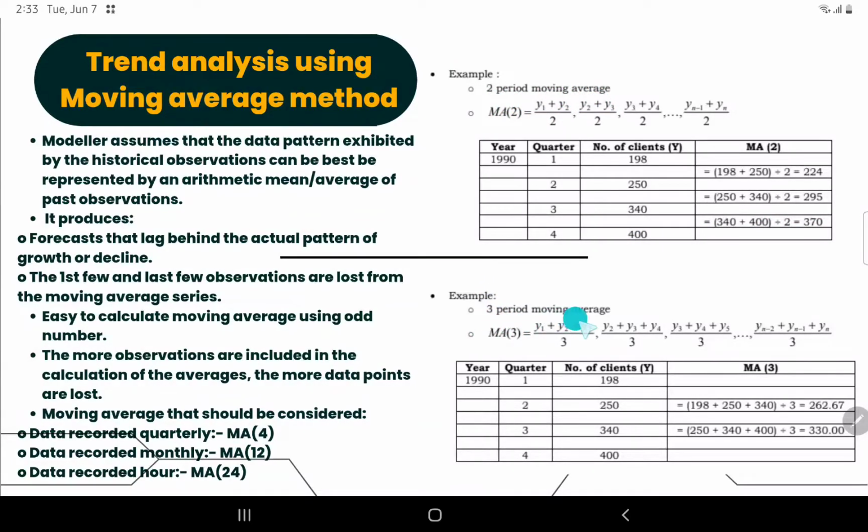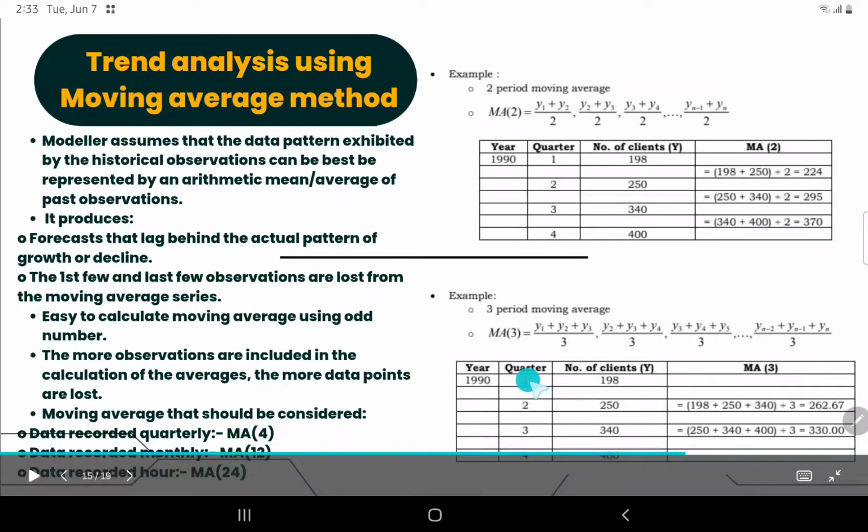Meanwhile, for 3 period moving average, we need to choose 3 items. The first one is quarter 1 to 3, which the data is 198 plus 250 plus 340 divide by 3. So the answer is 262.67. Then kita ambil 2, 3, 4 pula. Mesti ambil 3 items sebab nama dia 3 period moving average.